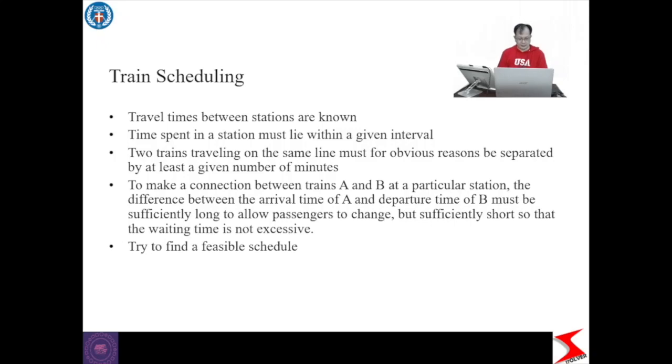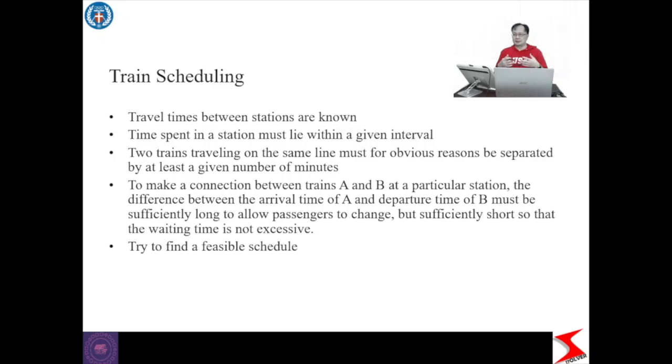Two trains traveling on the same line must for safety be separated by at least a given number of minutes. To make a connection between trains A and B at a particular station, the difference between the arrival time of A and the departure time of B must be sufficiently long to allow passengers to change, but sufficiently short so that the waiting time is not excessive.